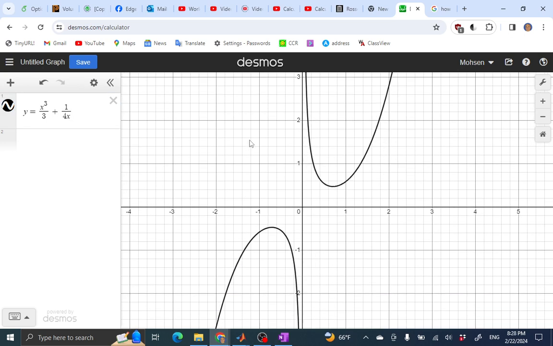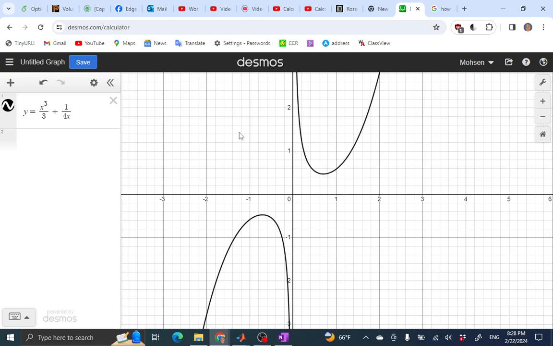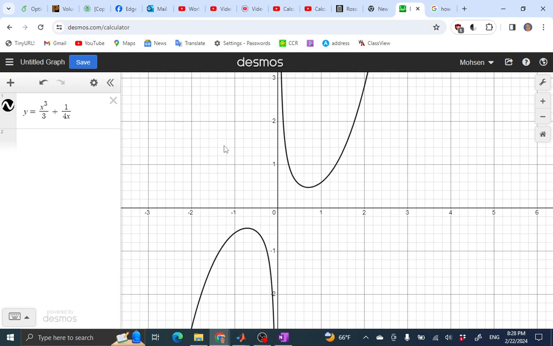So it looks like this, and we want to go from x equal to 1 to 2. So x equal to 1 is here and 2 is over there. We want to find out how long this curve is from here to here. That's the idea. So let's see if we can figure that out.